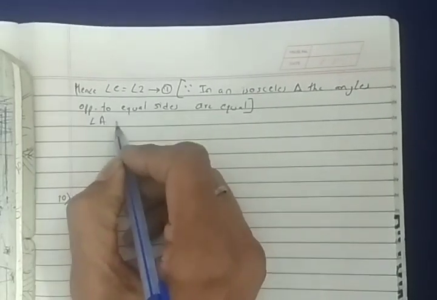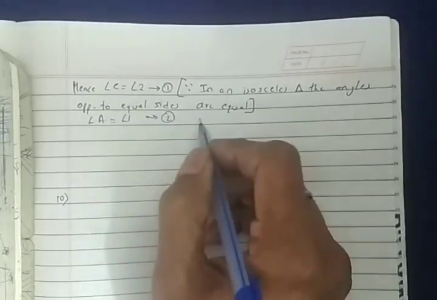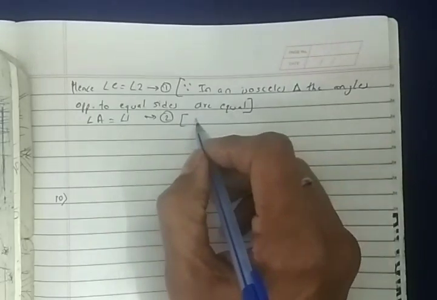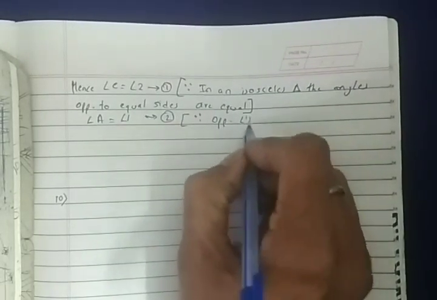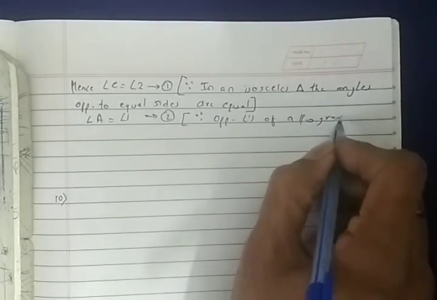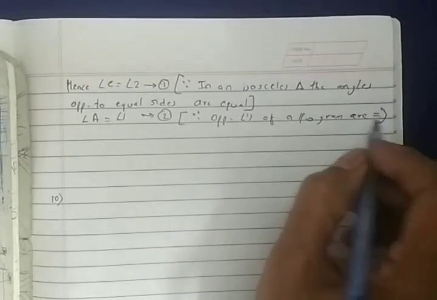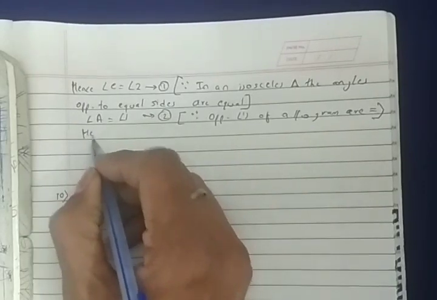Same way we can say angle A equal to angle 1. We'll name this as equation 2. Why we can say that they both are equal? Because opposite angles of a parallelogram are equal. These symbols I am writing so that it is fast.